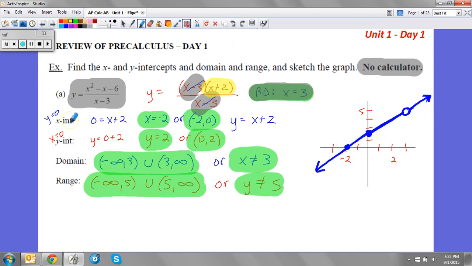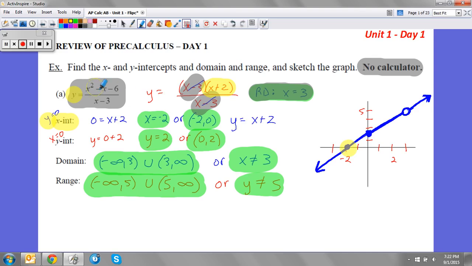Okay, so keeping that in mind, what is our x-intercept? Well, when I'm looking for my x-intercept, my strategy is to plug in y for 0. If I'm plugging in y for 0 on a rational function, and I know this is a linear with the removable discontinuity, but at first glance this looks like a rational function, it's the same as saying basically my numerator is going to be 0. So when I'm looking for x-intercepts, I'm looking for when it crosses the x-axis.